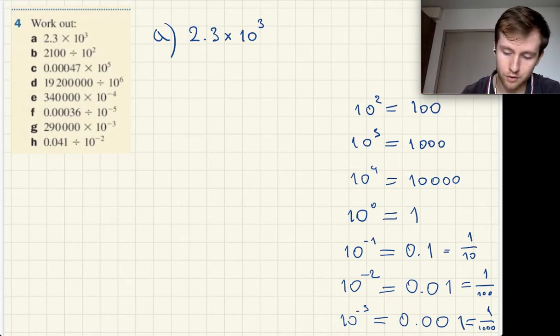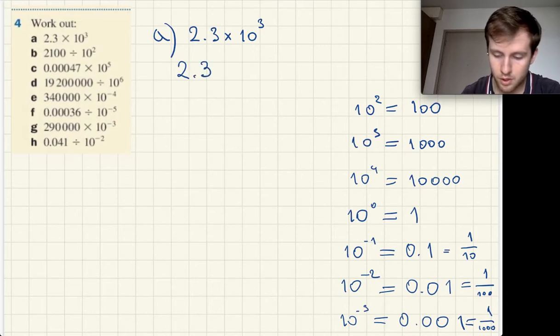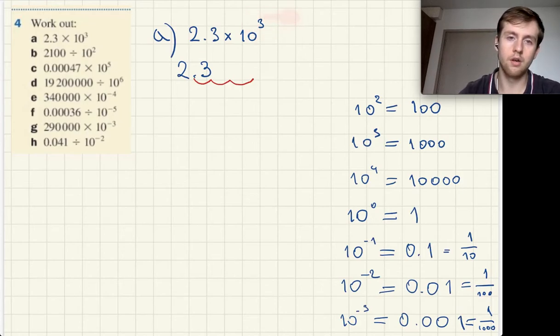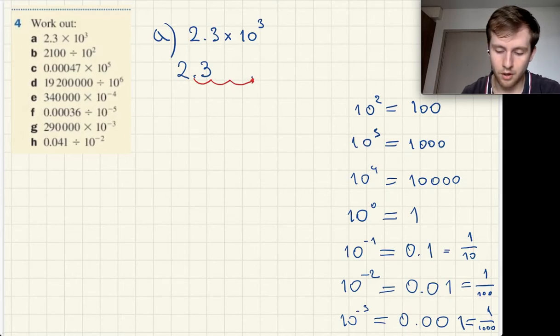And how much is it going to increase? 2.3 is going to increase 1,000 times, so we multiply it by 1,000. We take this point here and move it 3 steps to the right, and the point is going to end up here.